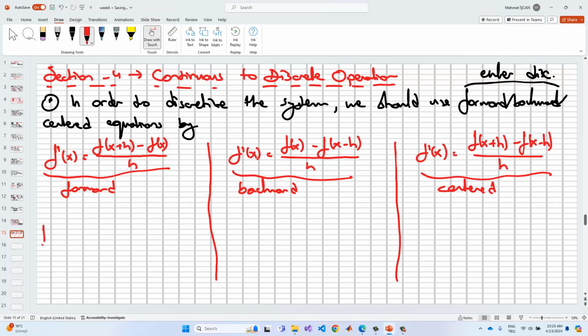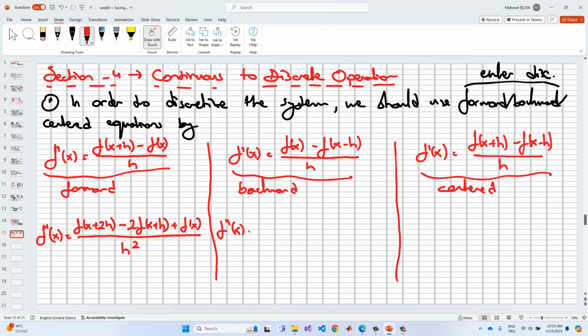We can also expand the terms for the second derivative. In the forward form, f(x plus 2h) minus 2 times f(x plus h) plus f(x), divided by h squared.